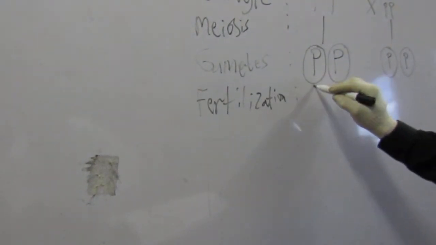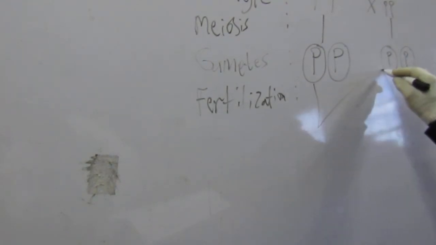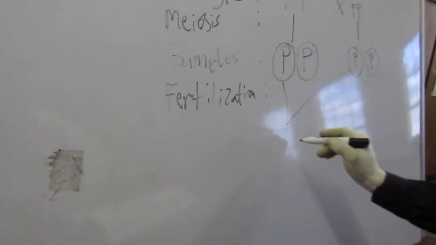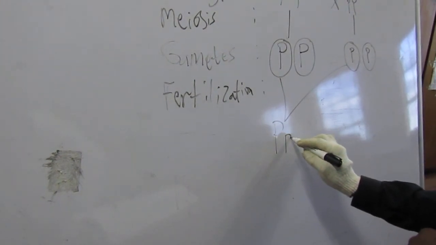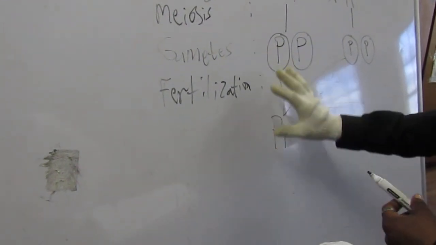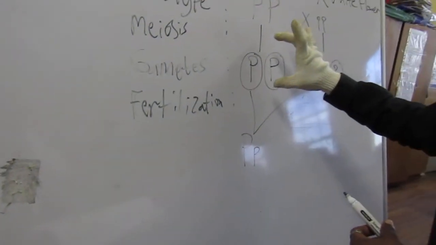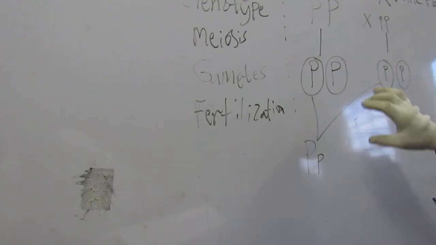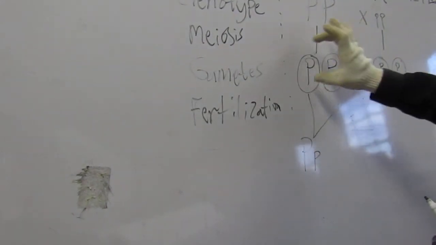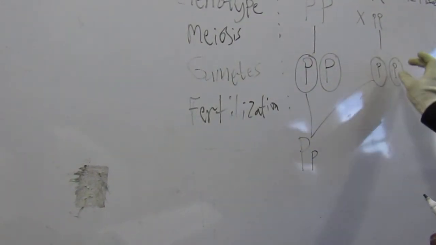This P is going to be crossed with the first small letter P, and then we're going to get capital letter P, small letter P. All of these offsprings will be the same because the gametes of these parents are the same. They are homozygous. This is homozygous dominant, homozygous recessive.